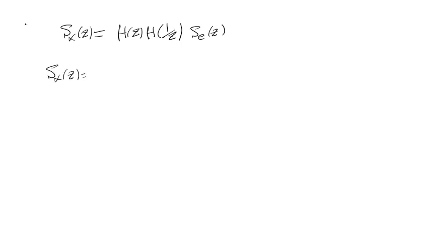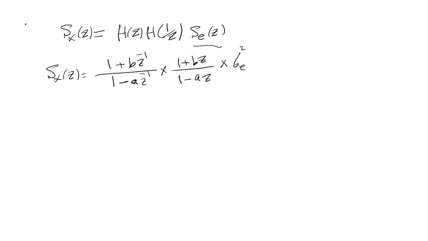We have S_x(z) equals to H(z) H(z inverse) S_e(z). H(z) is 1 plus b z inverse over 1 minus a z inverse, H(z inverse) is 1 plus bz over 1 minus az, and S_e(z) is sigma squared e.